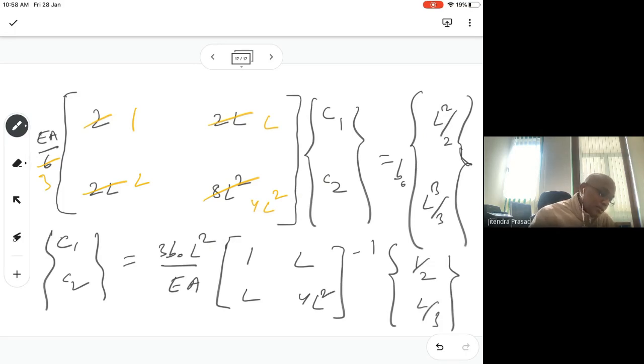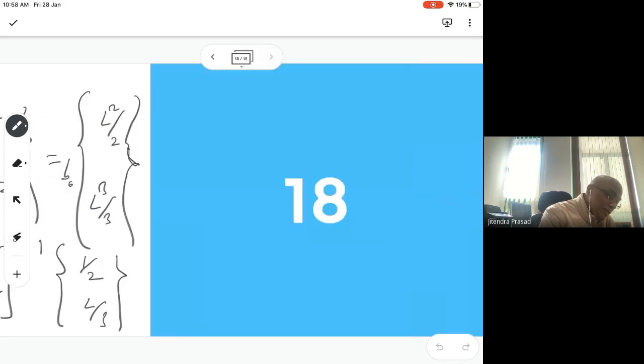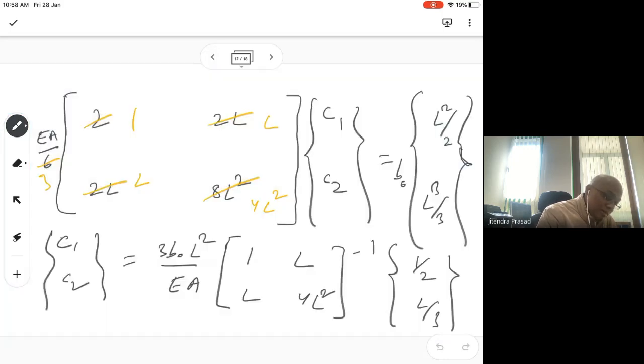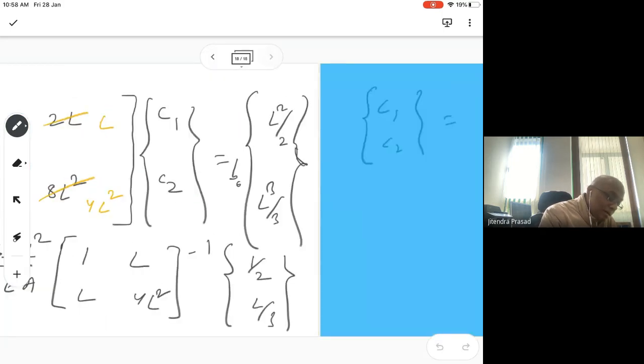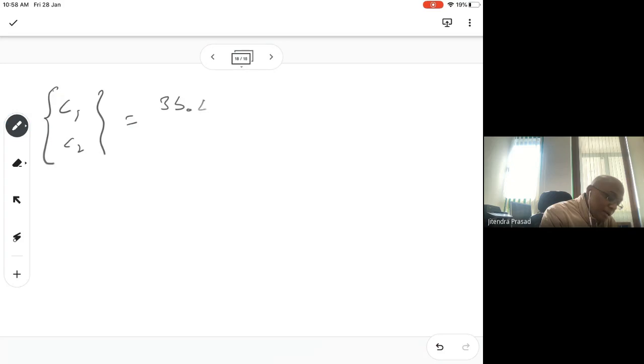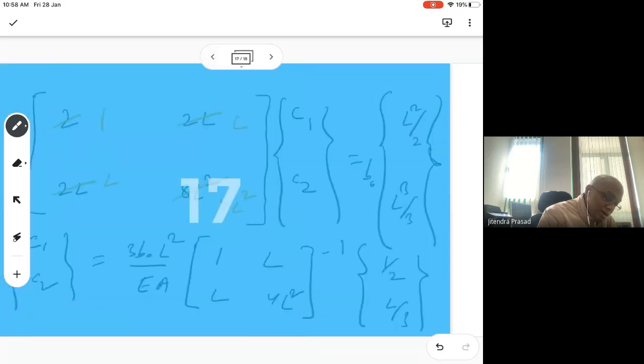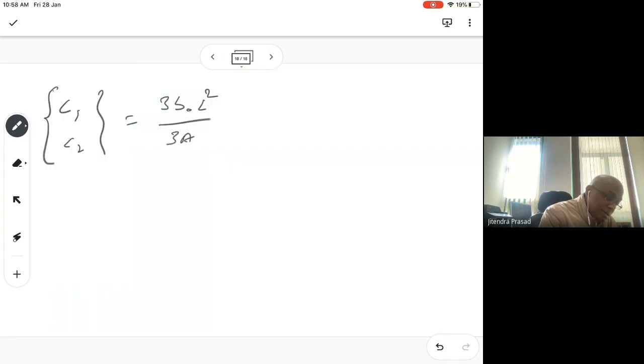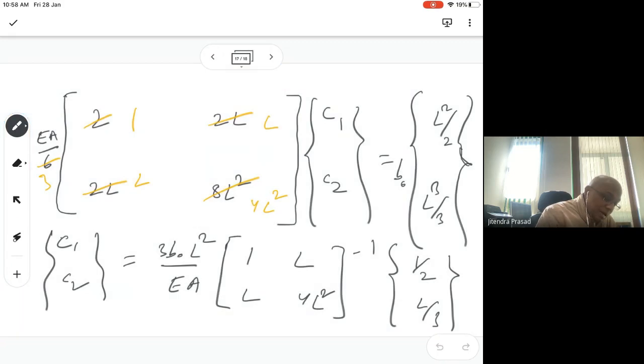So this is the solution, right? C1, C2. So let's go further. Final value C1, C2 is equal to 3B naught L square over 3A, and how do you invert it? You interchange here, right?